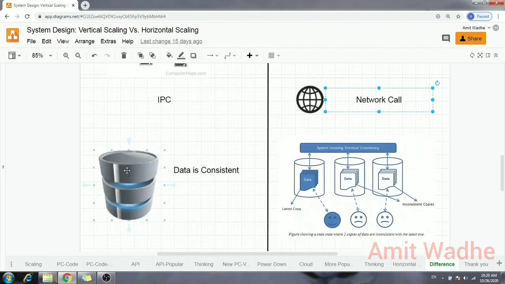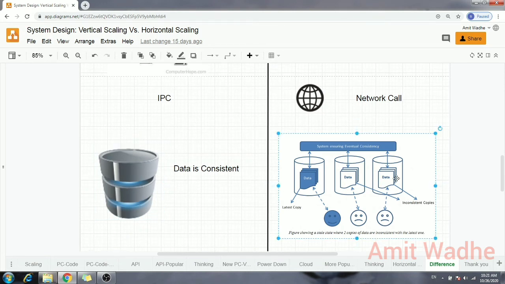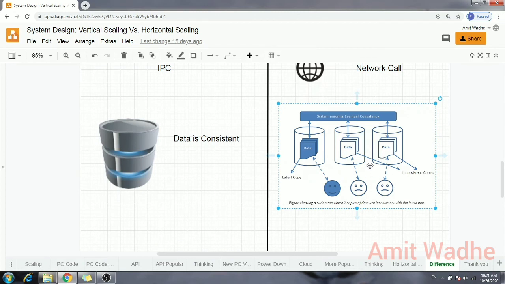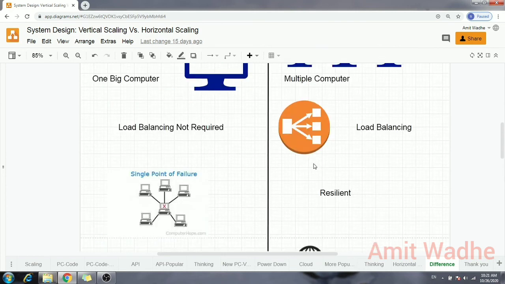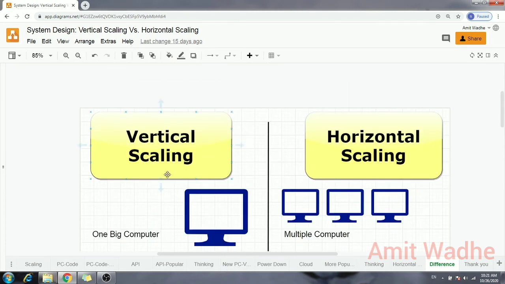Next, data is always consistent in vertical scaling, but in horizontal scaling, as there are multiple instances of a database, it is not guaranteed that data is always in a consistent state. So these are some of the advantages and disadvantages between vertical scaling and horizontal scaling.